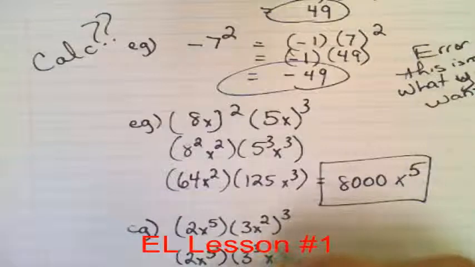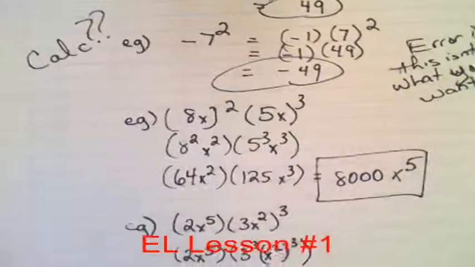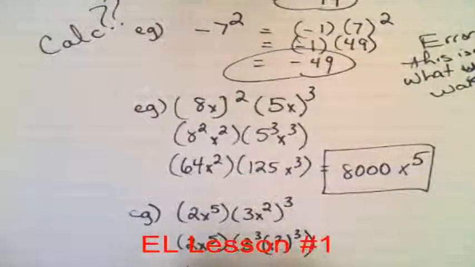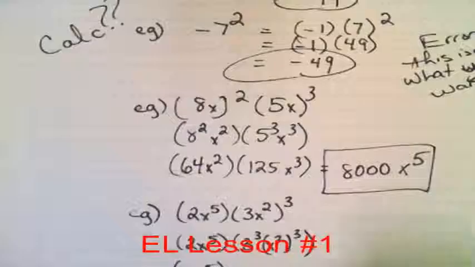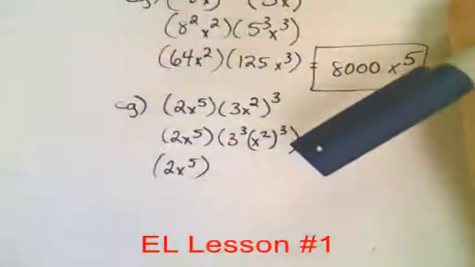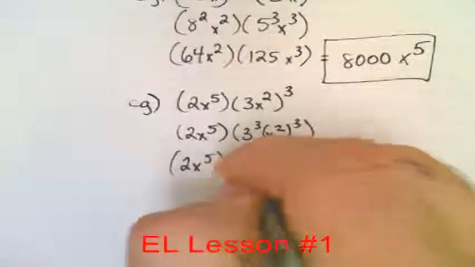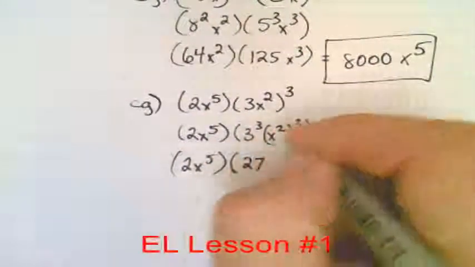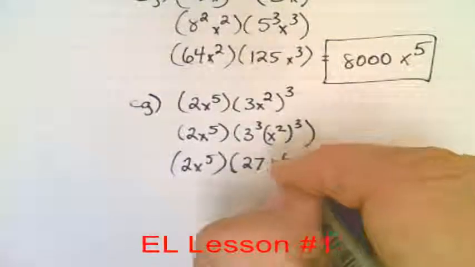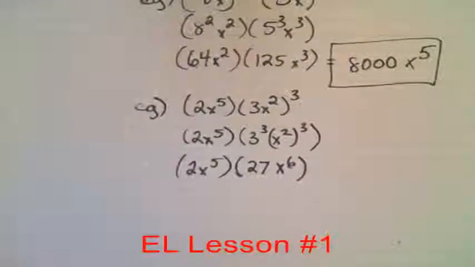Now you can write that out: keep the base the same, and you multiply the exponents. I'm going to write the whole thing just to make sure that it makes sense. So going through with this, 2x to the fifth, I still haven't done anything with that, I'm just rewriting it. In this second one, 3 cubed is 27.